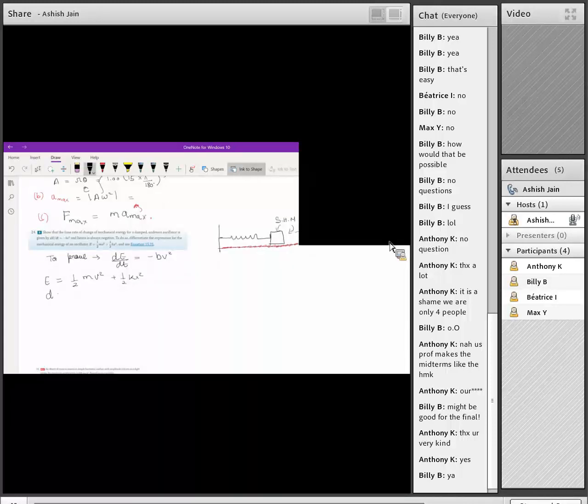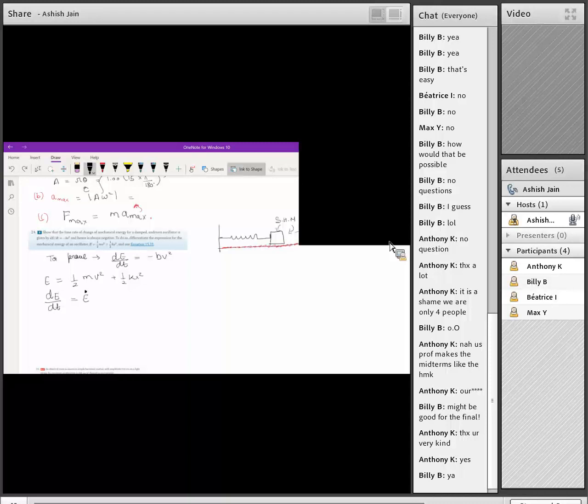So let's differentiate it with respect to time, dE by dt, or you can write it as E dot. This is also a notation. Differentiation with respect to time can be written as a dot, and if it's double, then you can write two dots, but it's single.